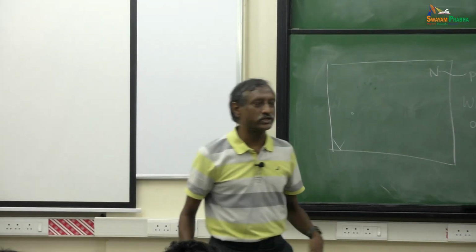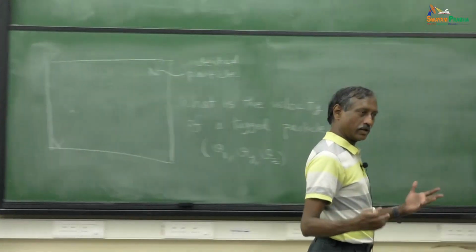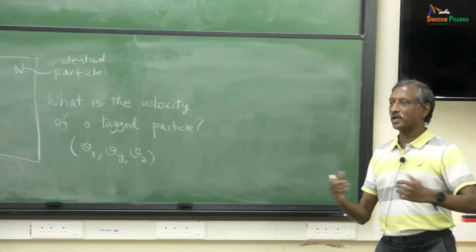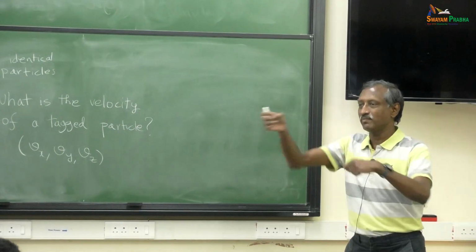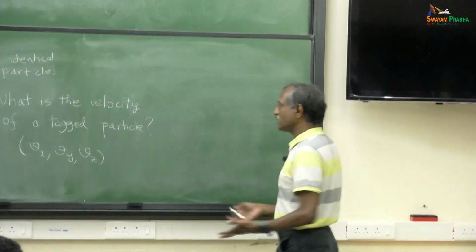There's something called an average collision time. If I'm looking at time scales where multiple collisions happen, each time I sample, I will get a different value.